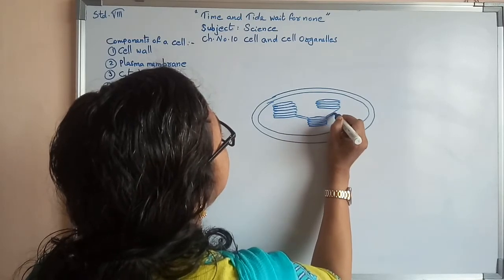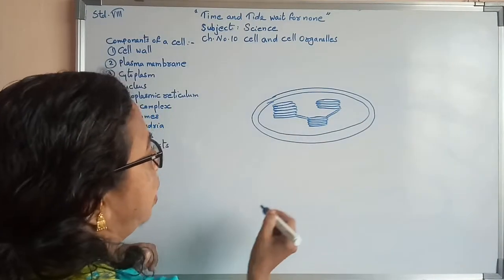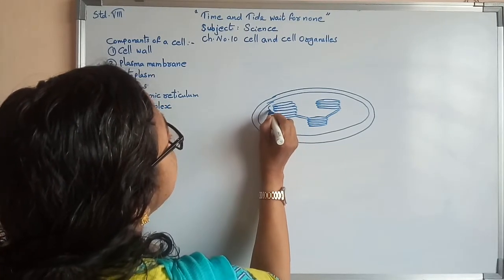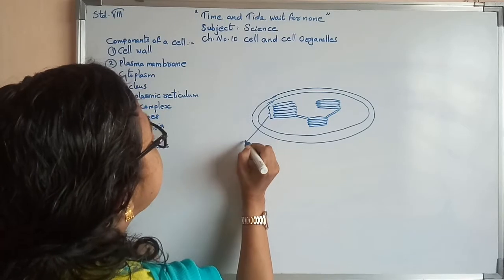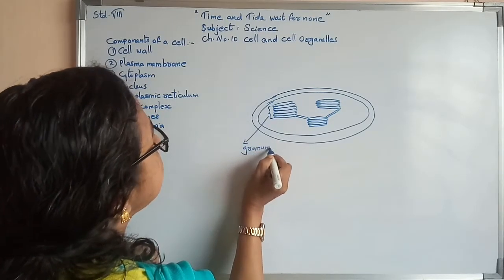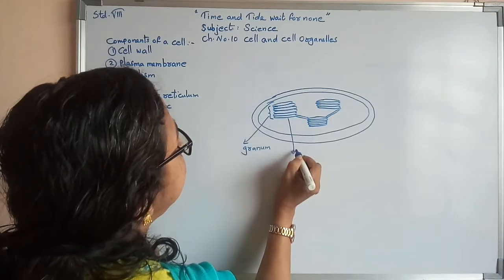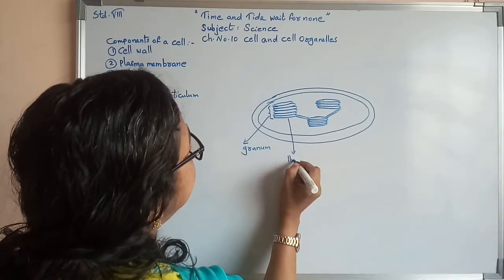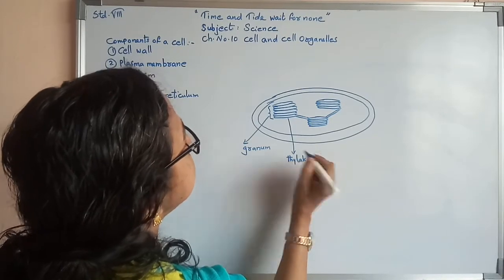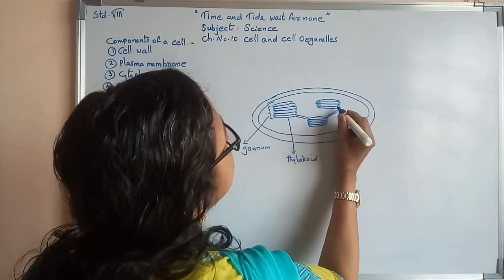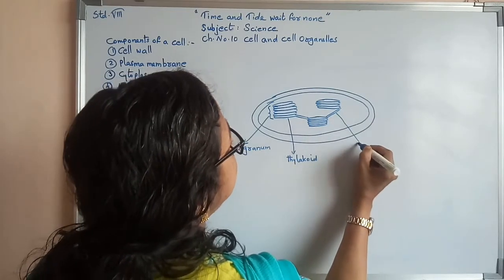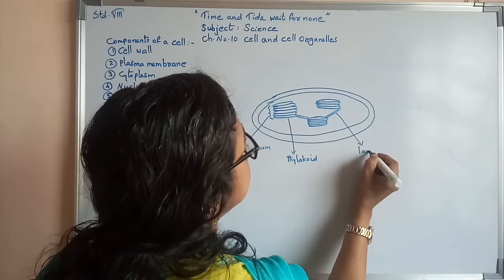All together, each stack we can call a granum. A single one we can call a thylakoid. The joint between each granum is known as lamella.